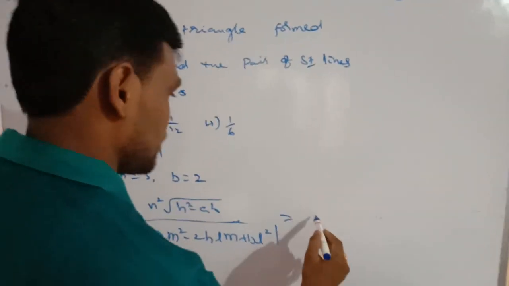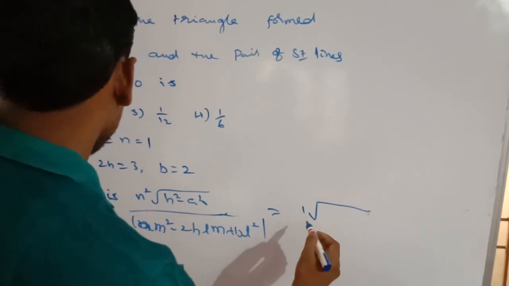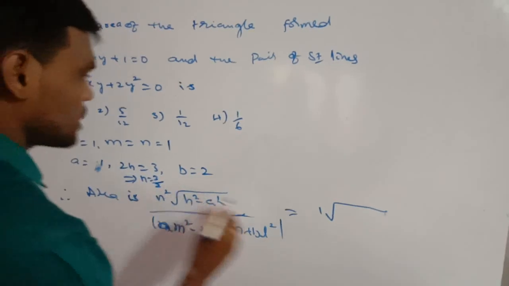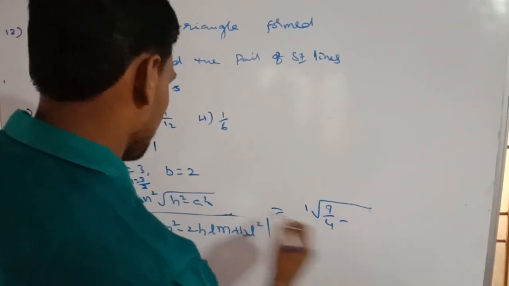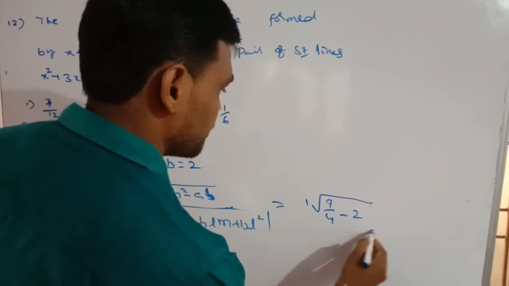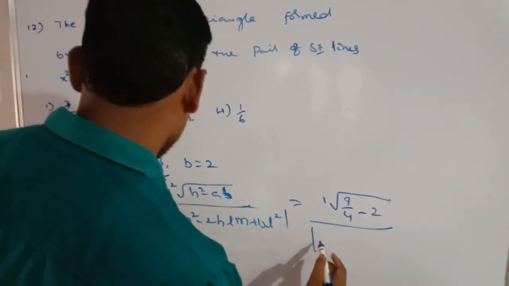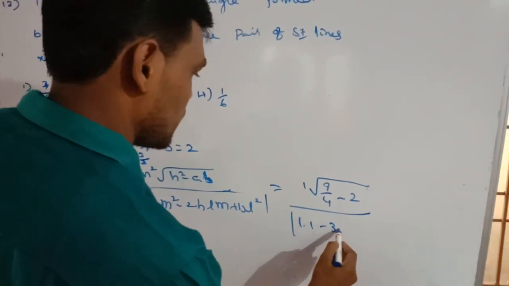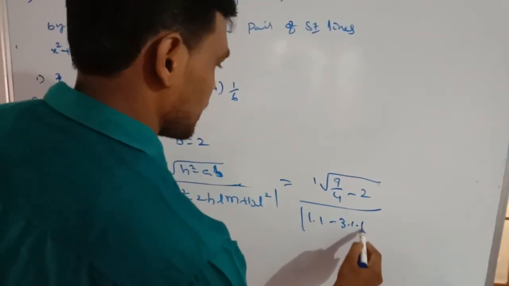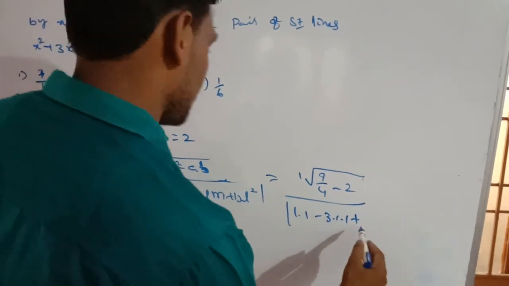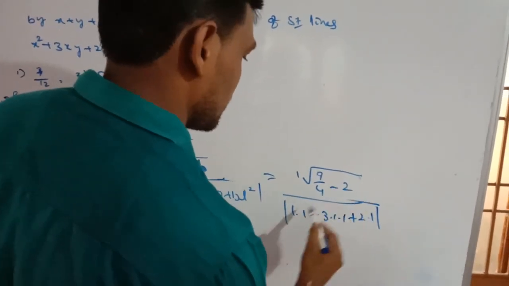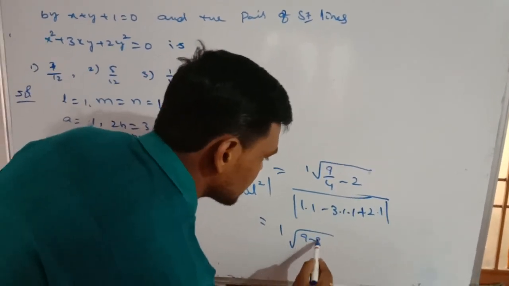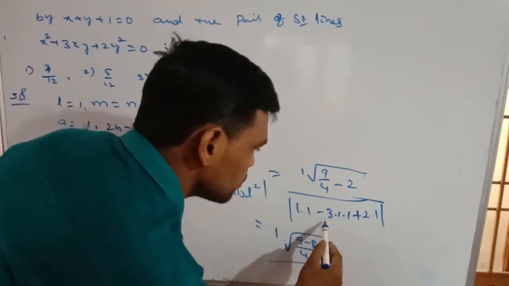Now n square is 1, into root of h square minus ab. Here 2h is 3, h is equal to 3 by 2, and this is 9 by 4 minus ab, into 2, by modulus of am square. a is 1, m square is 1, minus 2hlm plus bl square, b is 2 into 1, and this is 1 into root of 9 minus 8 by 4, by 1 plus 2.